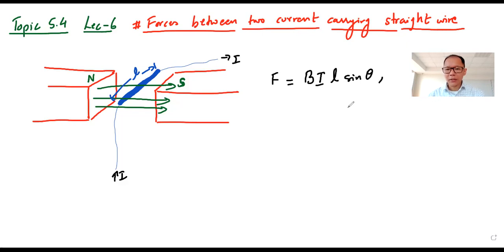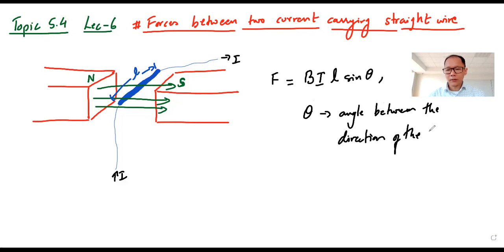And theta here is basically the angle between the direction of the current and the magnetic flux density.